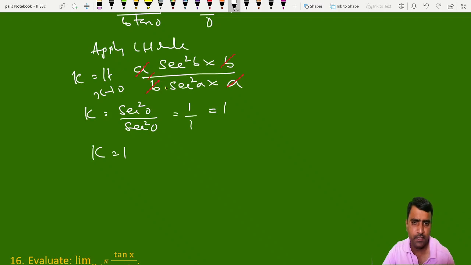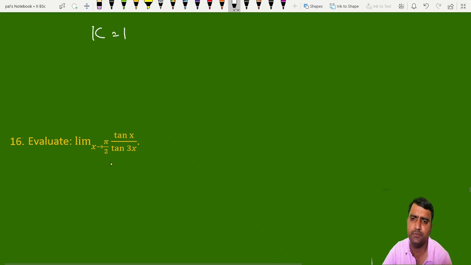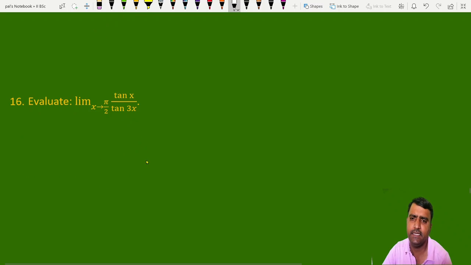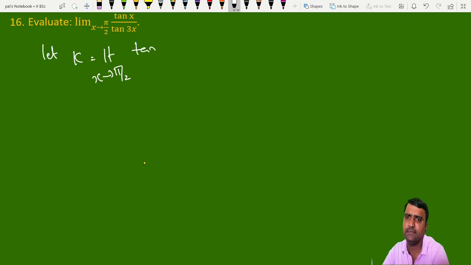Similarly, one more example is there. Limit x tends to pi by 2, tan x by tan 3x. Let k be equal to limit x tends to pi by 2, tan x by tan 3x.